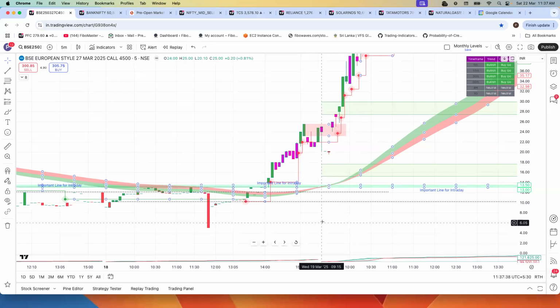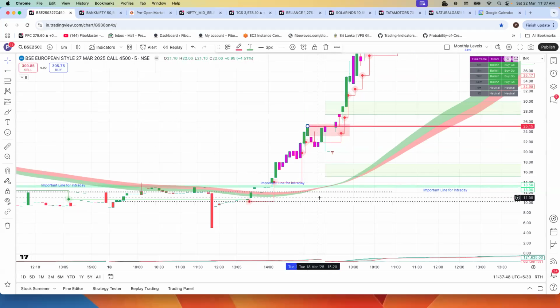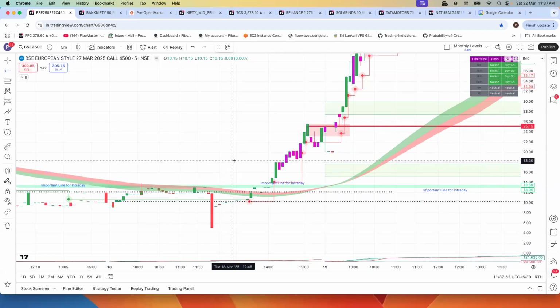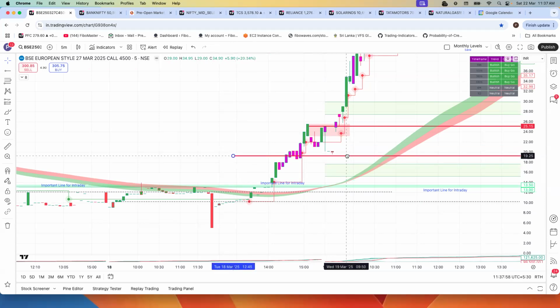What was it trading at? 24. So if I had taken a trade at 24, my stop loss was only around this particular candle, like 15 or 16. Sorry, this candle. 25.